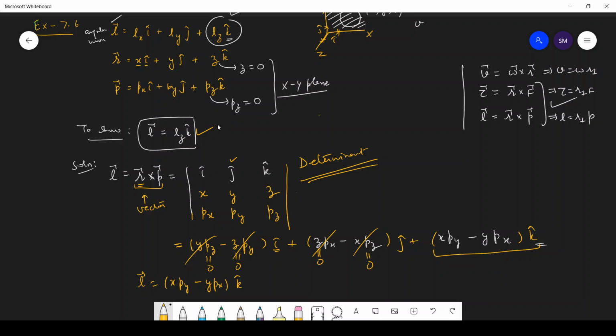So this is what we need to prove, that the angular momentum has only the component along the z-axis. So this thing is your Lz. Okay, students.